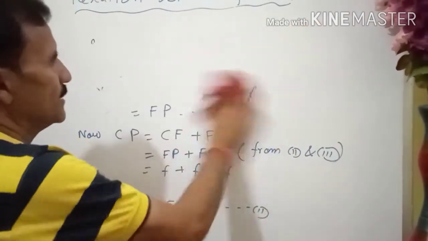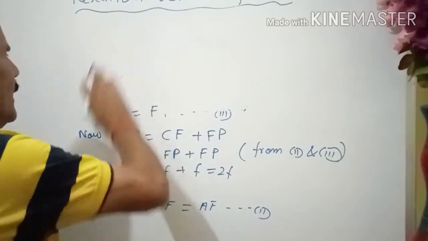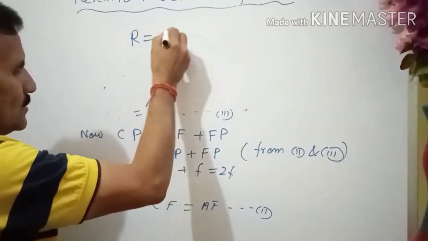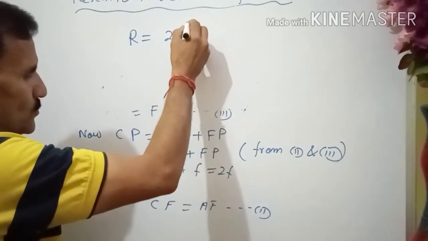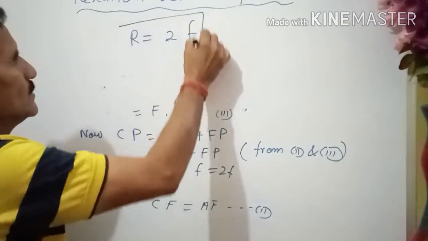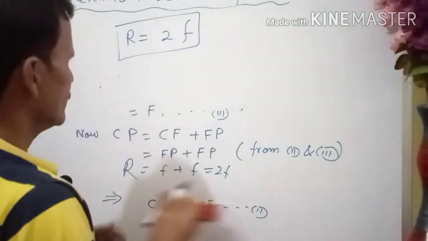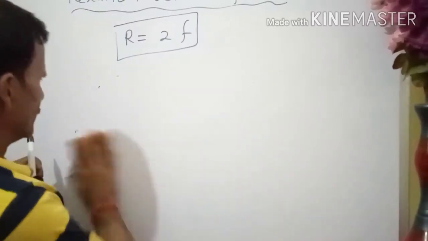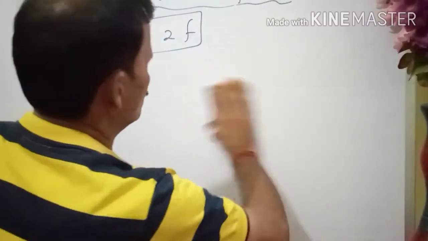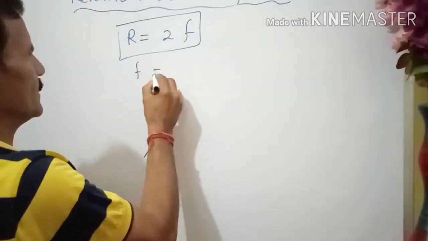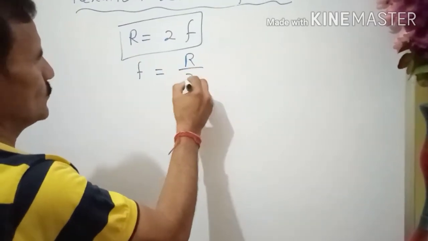So you have got the relation. What is the relation here? CP is nothing but the radius of curvature, so R is equal to 2F. This is the relation: either you can write that the radius of curvature is twice the focal length, or better, F can be written as R upon 2.